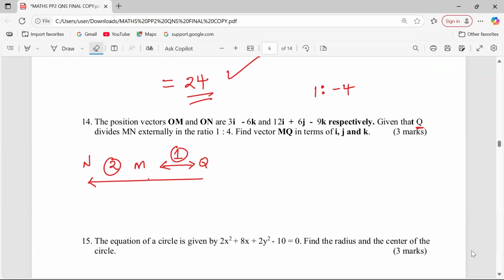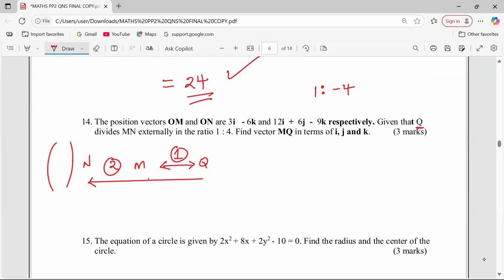So now the vector Q is known. The vector at N is known as 12, 6, -9. And M is also known as 3, 0, -6. Yet this one is not known: x, y, z.